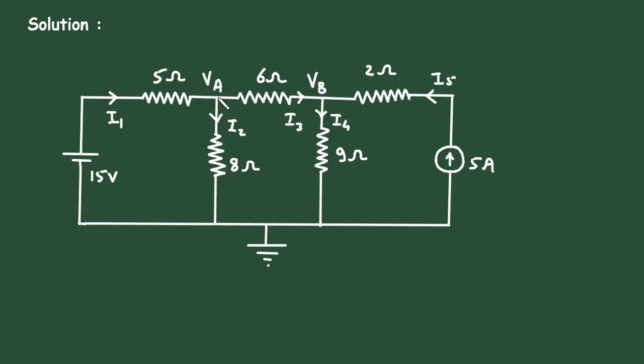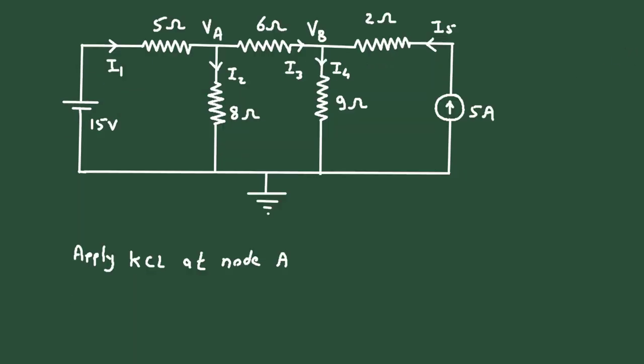Now first of all, let's apply KCL at node VA. Its name is node A and its voltage is VA.